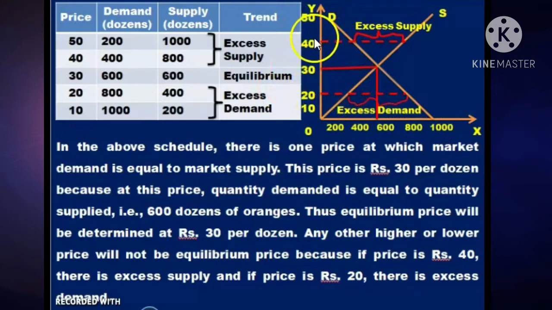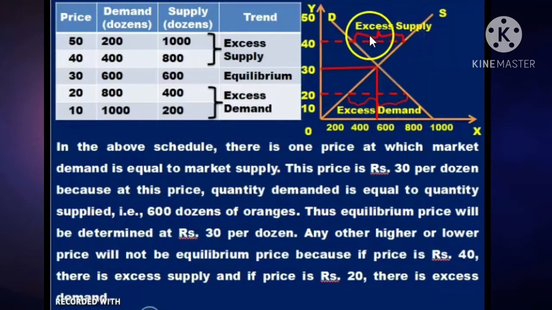Let's see it with the help of the graph. The y-axis shows the price and the x-axis shows the quantity demanded and supplied. The demand curve is D and the supply curve is S. At the 40 level we draw an extended line and it touches the supply curve.